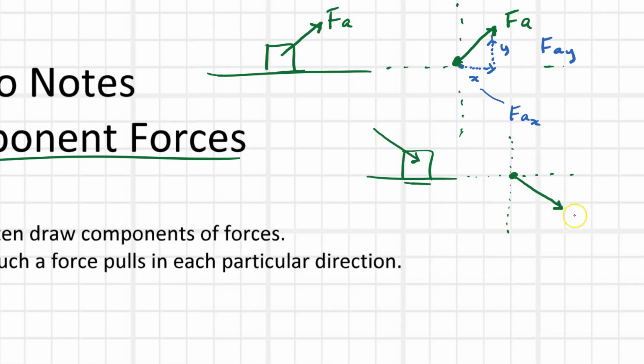Again, that could be my applied force if I'm doing the pushing. It's pushing some amount to the right and some amount down, so I make a triangle, and I say this is the amount that is going in the X direction, and this is the amount that is going in the Y direction. I usually like to put arrows to show those directions.